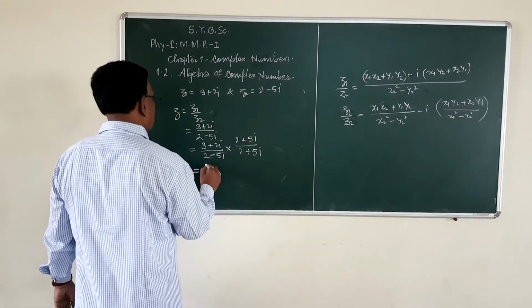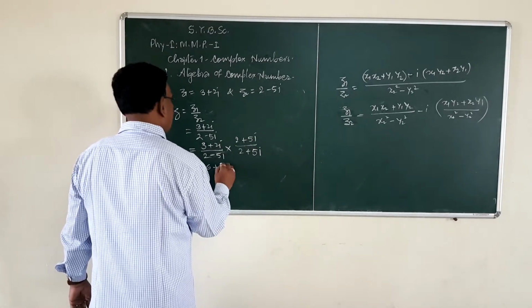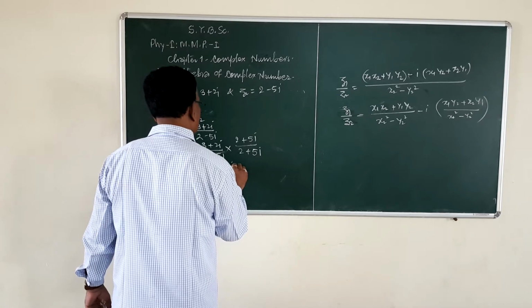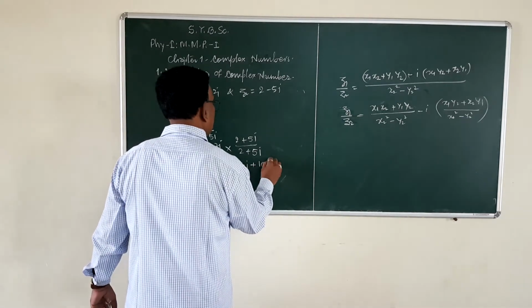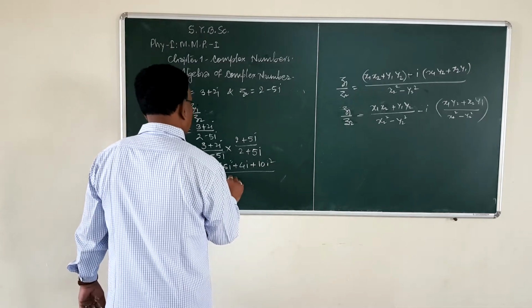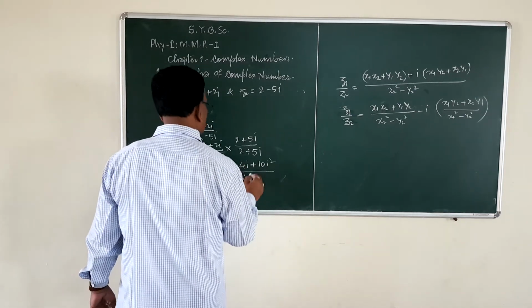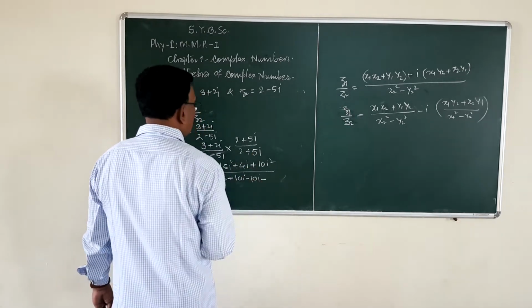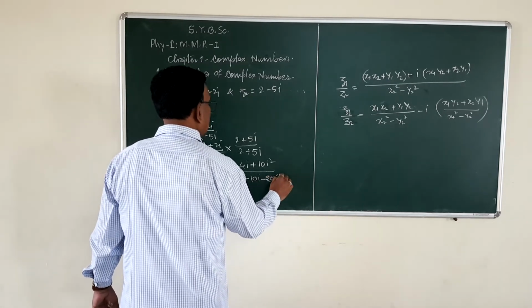After simplifying this term, we get 6, 3 into 2, 6 plus 3 into 5, 15i, then 2i into 2, 4i, then the product of 2i and 5i, 10i square, upon 2 into 2, 4, plus 2 into 5i, 10i, then 5i into 2, minus 10i, minus 5i into 5i, minus 25i square.